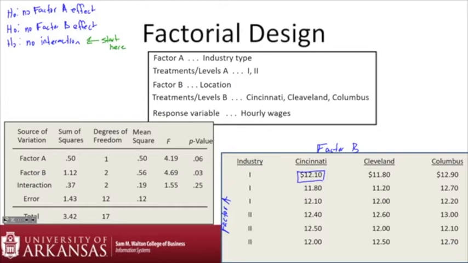Okay, so if there's no interaction, then we can go on, we can check A and B, and we can be comfortable in the answers we get there. If there is an interaction, then you're going to stop.